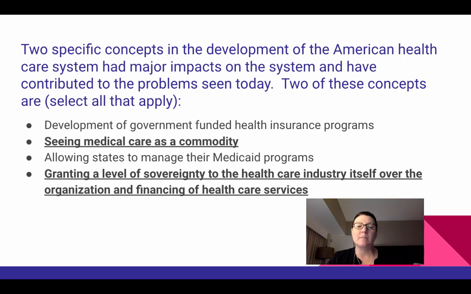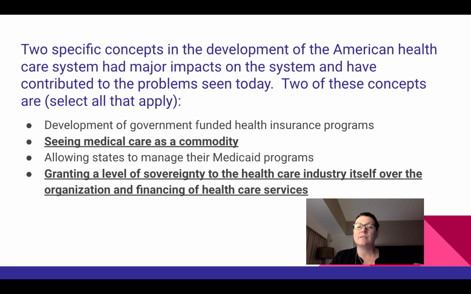Two of these concepts are, and it says select all that apply, so we're looking for two answers here. The correct answers were seeing medical care as a commodity, and we saw that in the first question that we looked at. Medical care is seen as a commodity here. It's a business. This is capitalism. People make money off of it. The other answer is granting a level of sovereignty to the healthcare industry itself over the organization and financing of healthcare services.